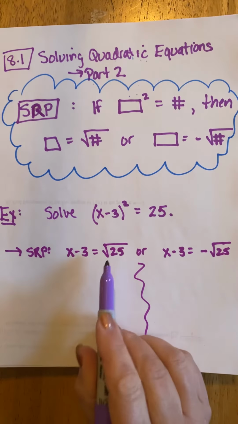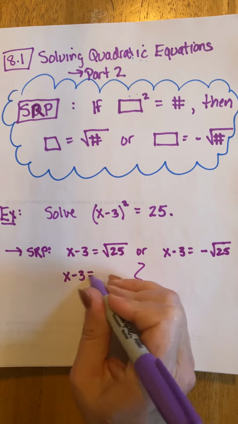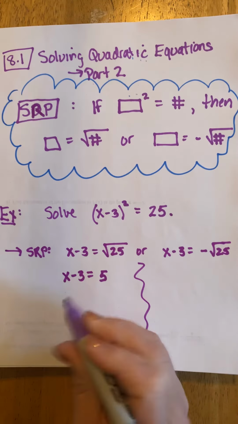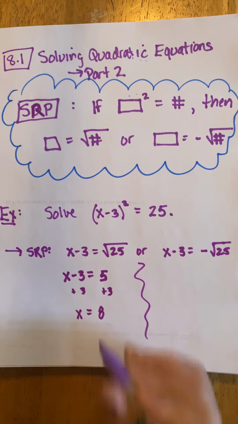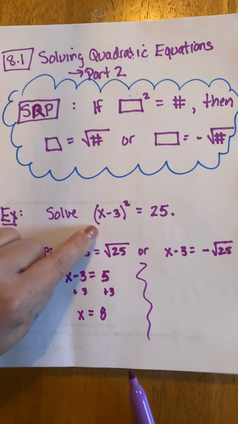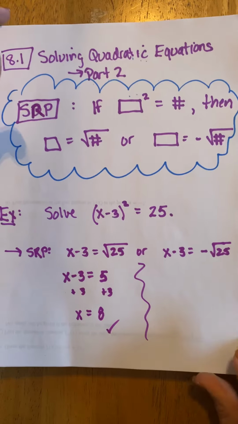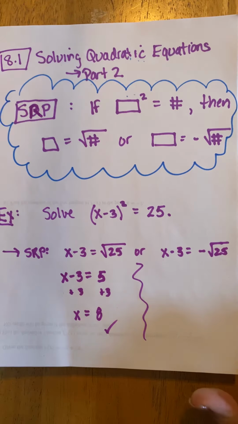So I always work on the positive radical first. x minus 3 equals the square root of 25, which is a nice number, just 5. Add 3 to both sides, and we get simply x is equal to 8. We can go back and substitute that in and see 8 minus 3 is 5, 5 squared is 25, so that definitely works. Now there are no extraneous solutions when you solve quadratic equations. If you get an answer, it's a solution, assuming you did the math correctly.